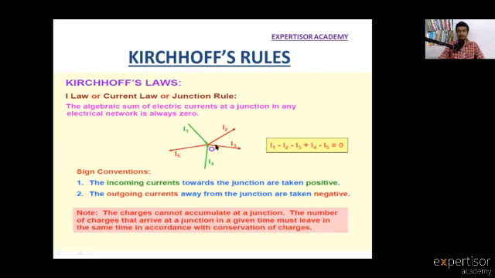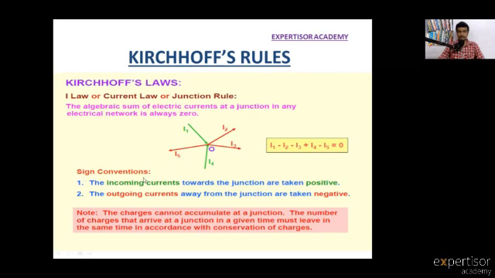So here the algebraic sum of these electric currents at a junction in any electrical network is always zero. How do we take this algebraic sum?